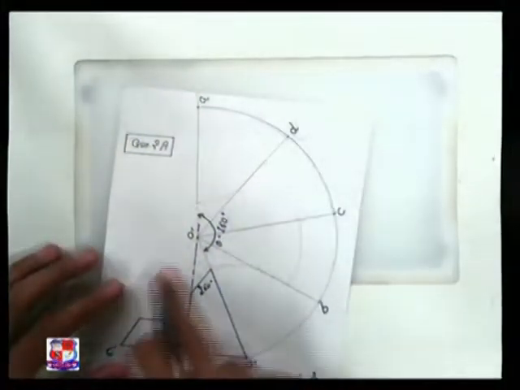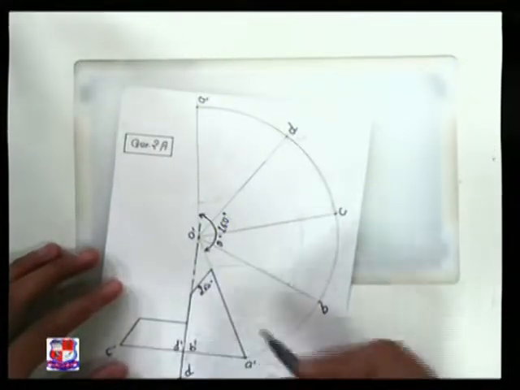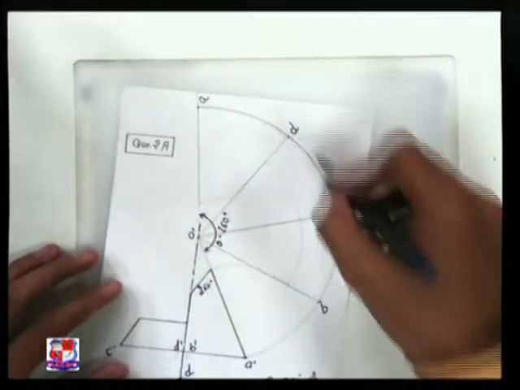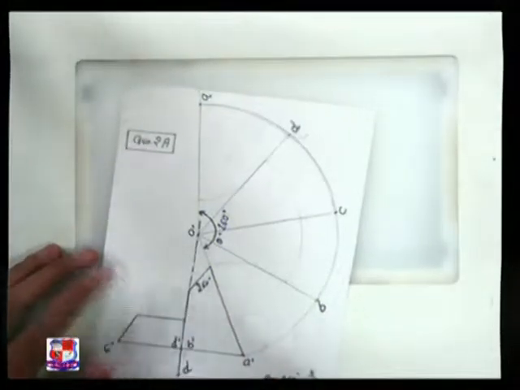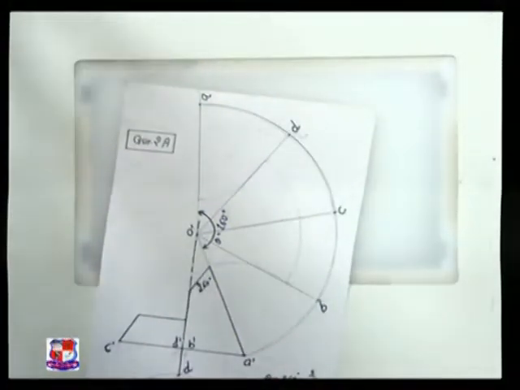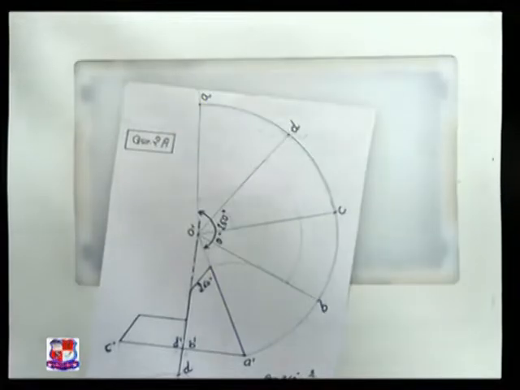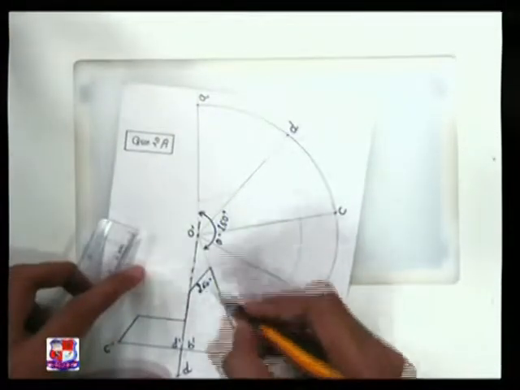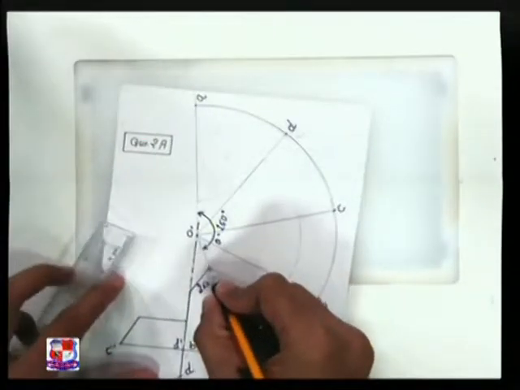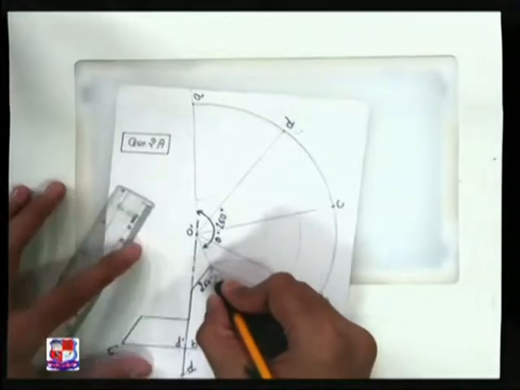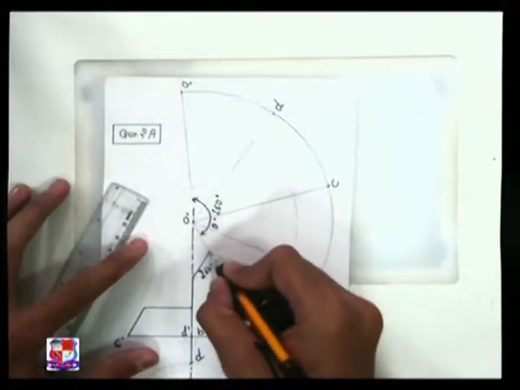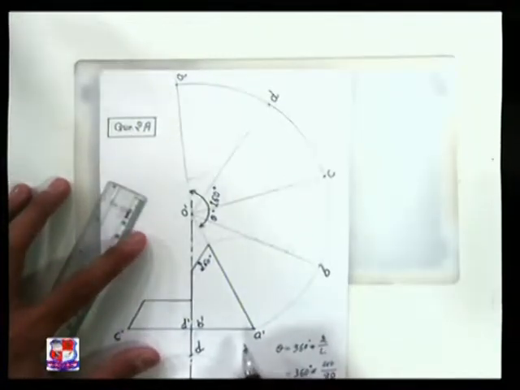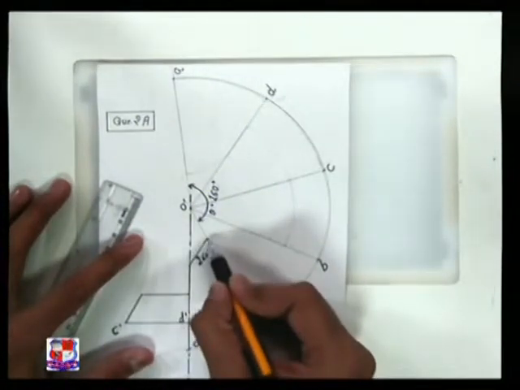If this cone is not cut over here, then this arc would be the development of the given cone, but it is cut over here. So how to locate these cut points on this arc? For that, let me take the first point over here. This is the first point, which is the intersection of the cutting plane and this cone edge O dash A dash. O dash A dash is the imaginary generator drawn over the cone.